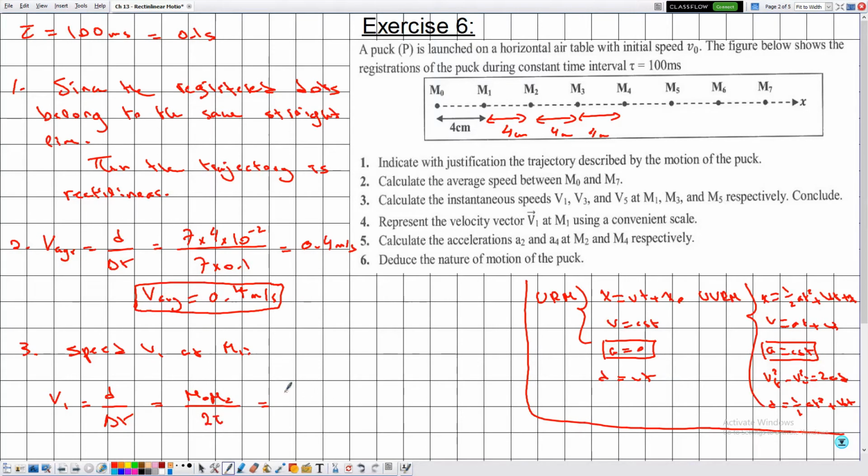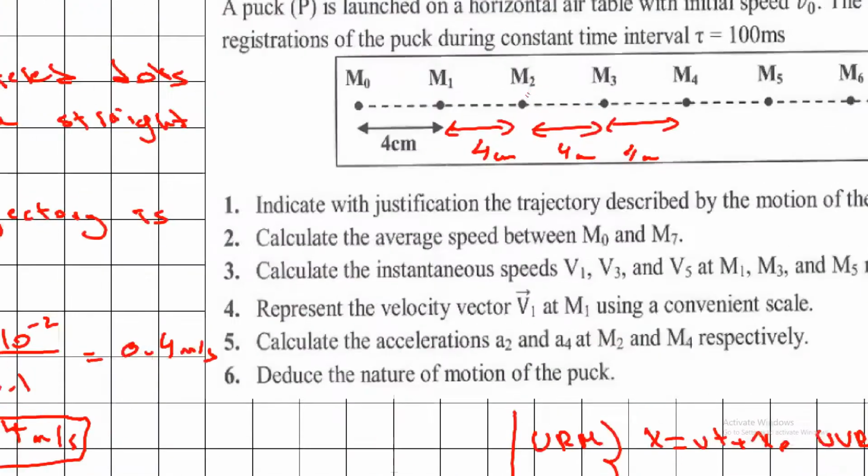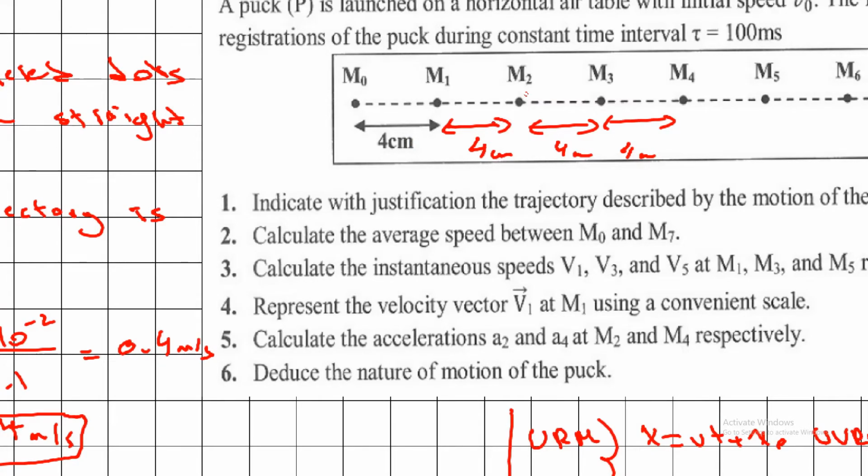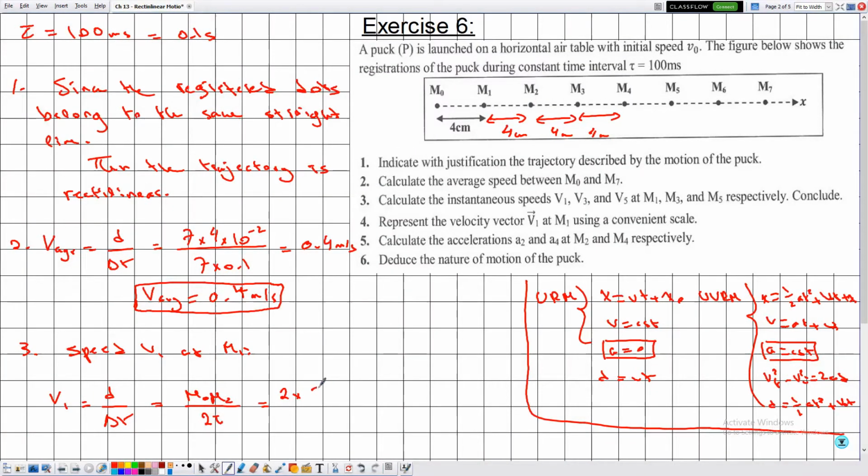So this is equal to 4 plus 4, it would be given by 8 times 10 to the power minus 2, divided by 2 times 0.1. Now plugging this on the calculator, the value of the speed V1 at the point M1 is given by 0.4 meters per second.